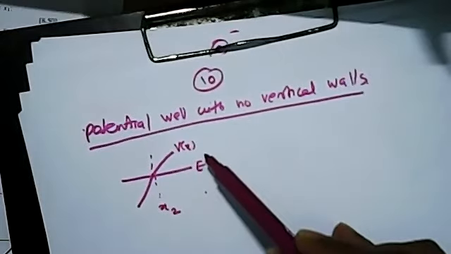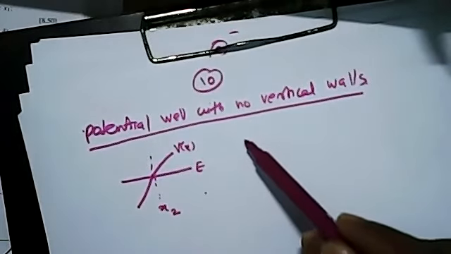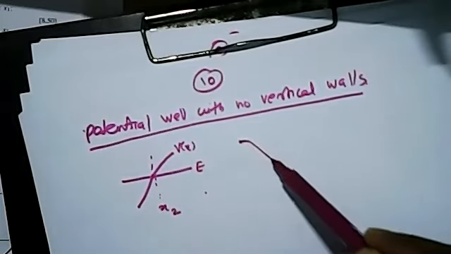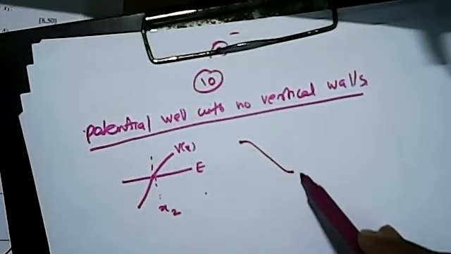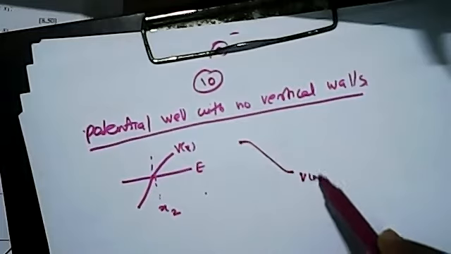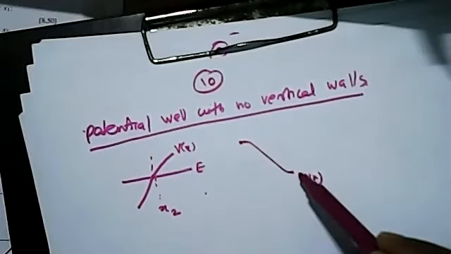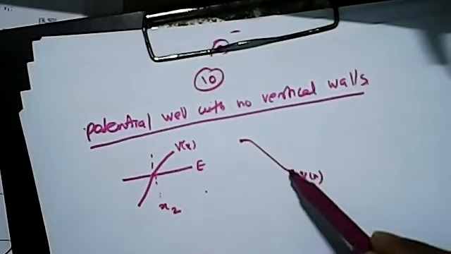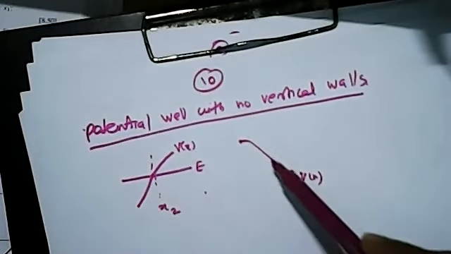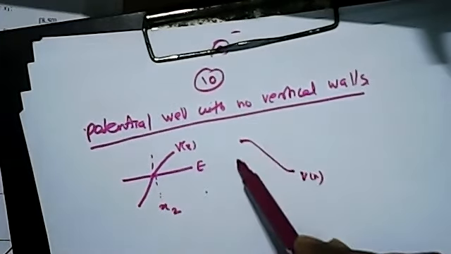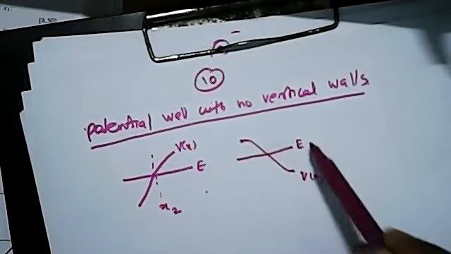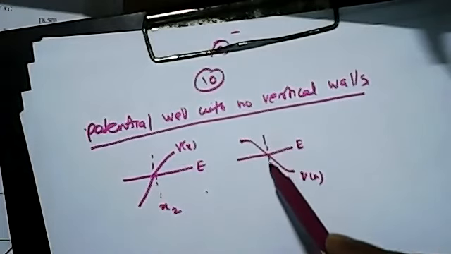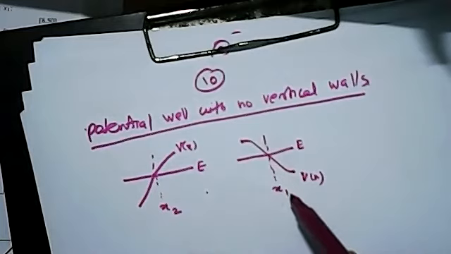Now suppose the potential is like this, that is, this is V of x, it is sloping in this way. So here slope is positive, here slope is negative. Here also this is the energy value and this point is x1.